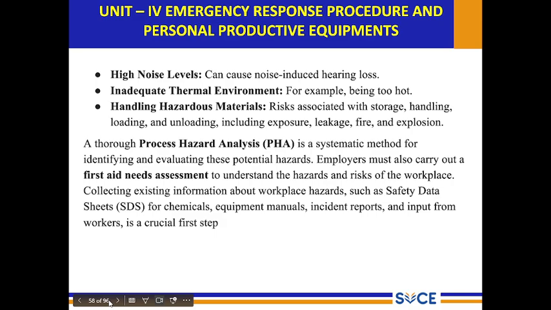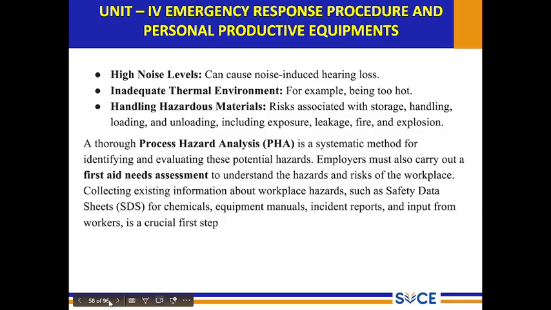A thorough process hazard analysis, PHA, is a systematic method for identifying and evaluating the potential hazards. That is very, very important. How do we deal with the potential hazards?